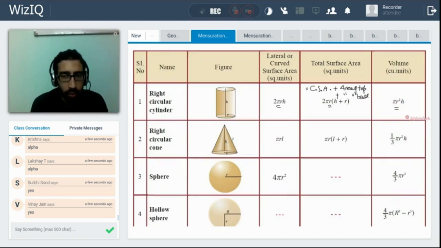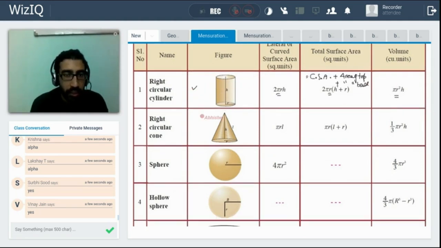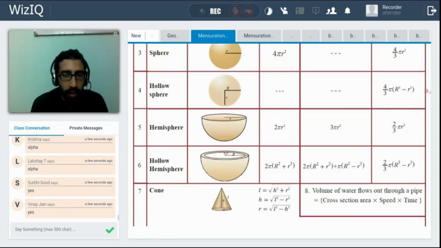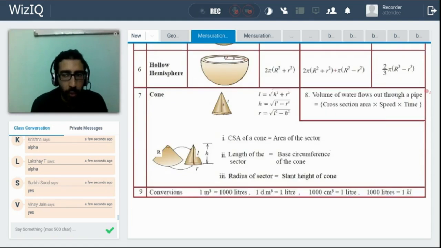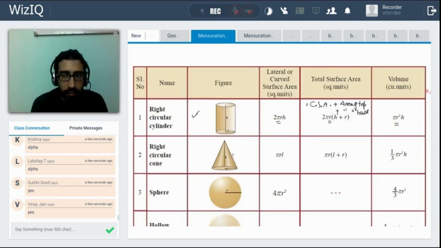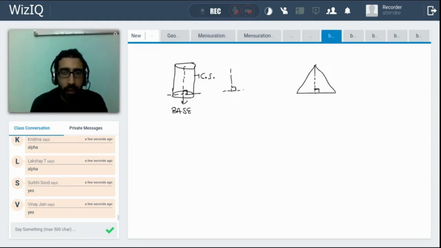Now, what I want to tell you about all these figures: there is a general formula for curved surface area and volume for a right circular cylinder, and a cube and a cuboid. Not here, I don't have a cube and cuboid here. What a shame, which is okay. So a general formula applies for a solid whose dimensions are not decreasing.